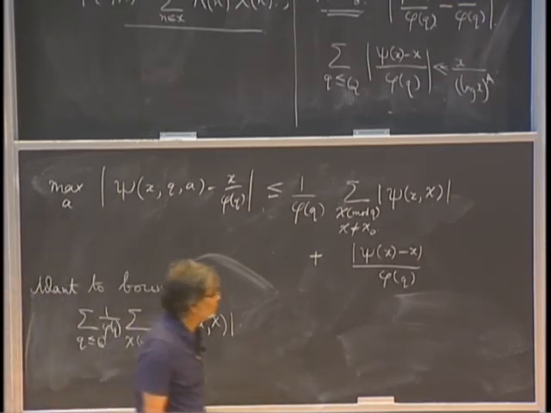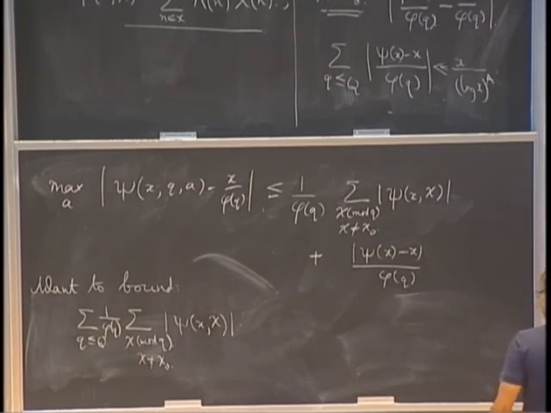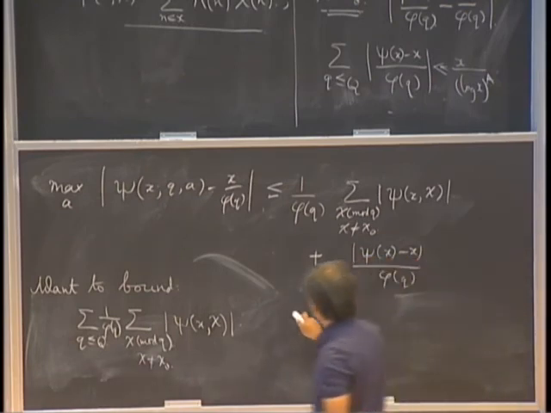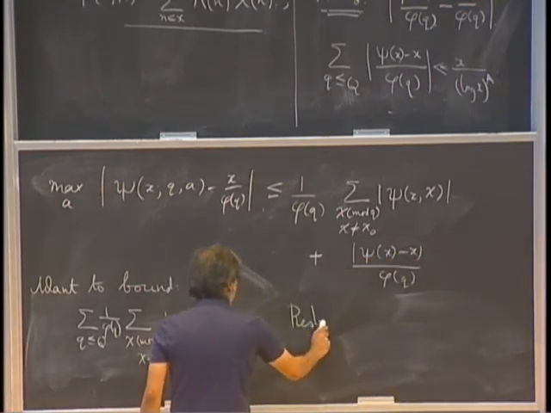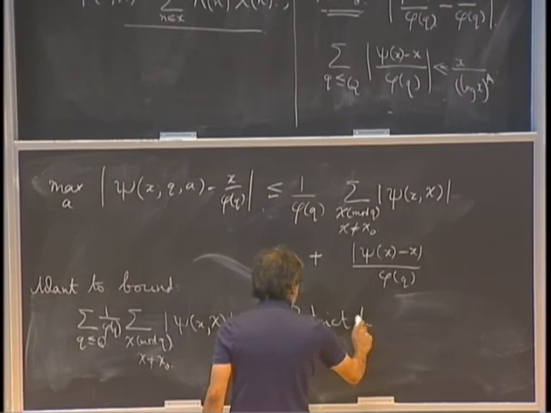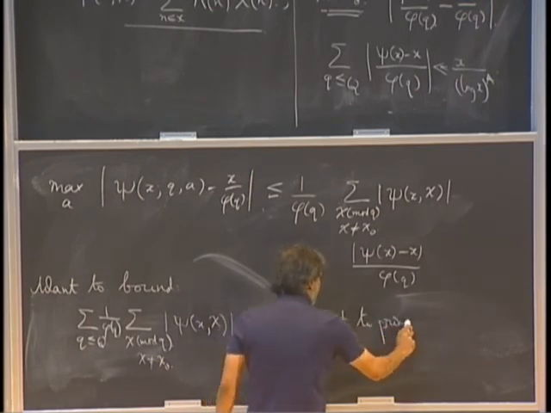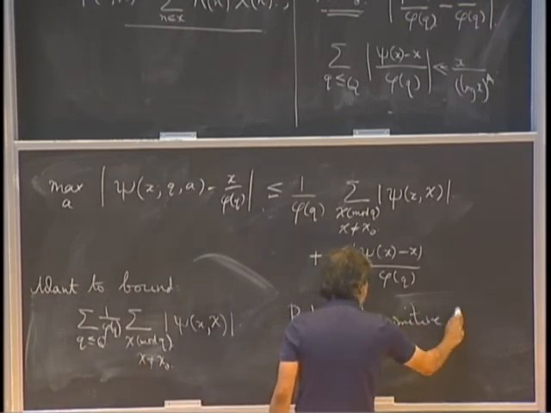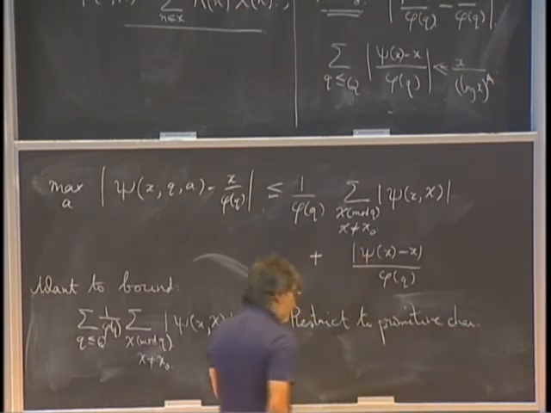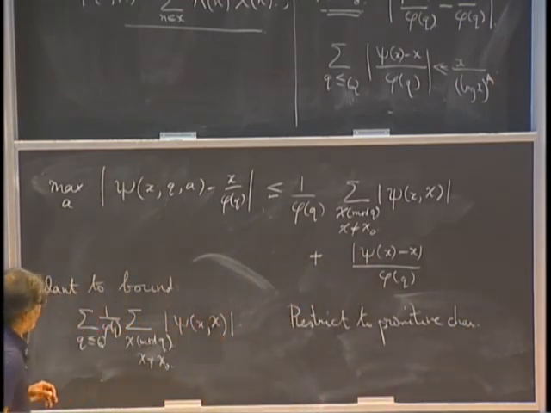So let's do that. I want to restrict to primitive characters. Well, how can I do that?